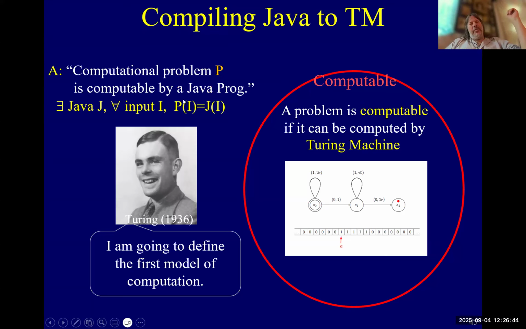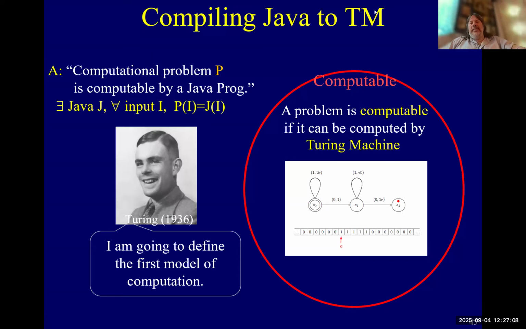So we have a sentence here with a free variable that says something about P. We want to say P is computable by a Java program. Why is that? Well, because there exists a Java program that for every input, the Java program will give the required answer. Remember, that's the first order logic sentence that we were defining before, right?